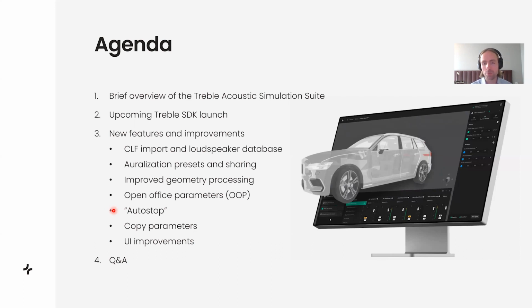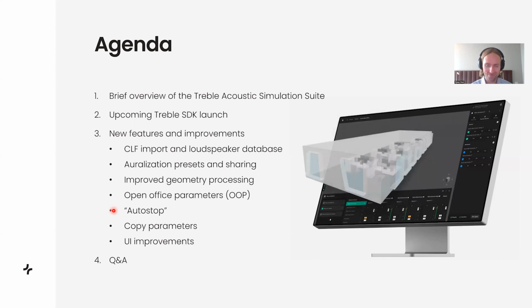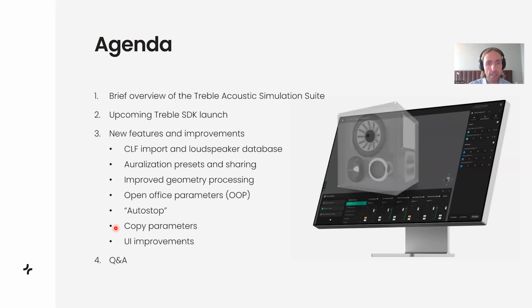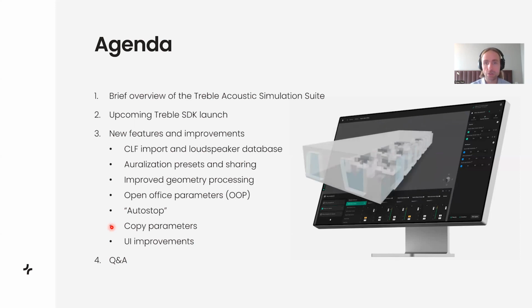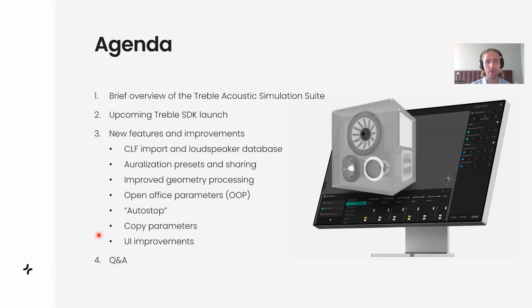Maybe a more precise name would be something like energy threshold termination of simulations. I'll show what it is, and it's a really cool new feature which improves efficiency of simulations. A neat little feature, being able to copy parameter results from Treble directly into Excel with just one click, and some small UI improvements here and there. And then we will move on to the Q&A part of the webinar.